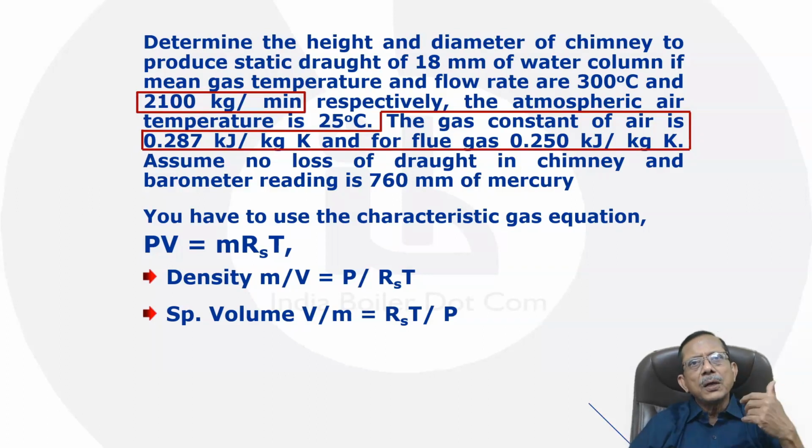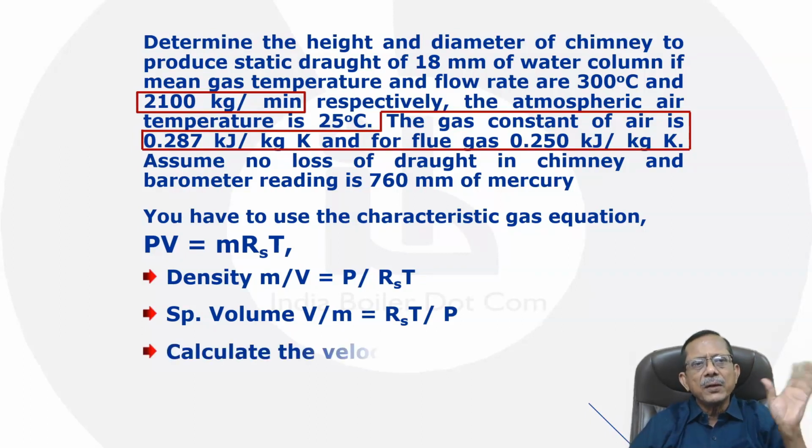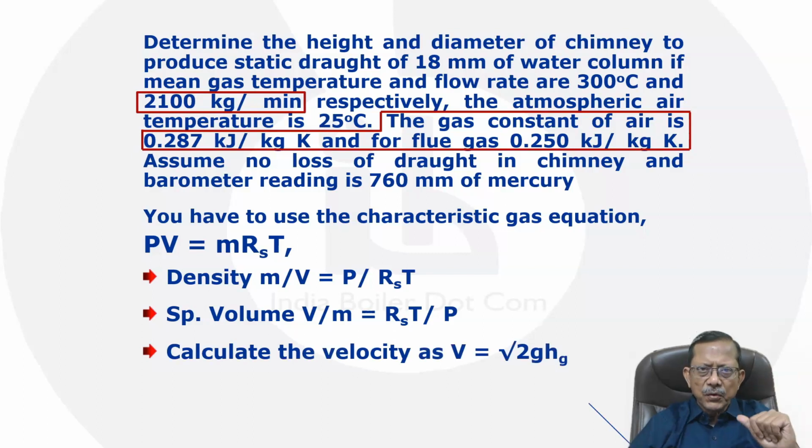Now talking about the velocity, again the velocity is not given. But once you go through the chimney draft concept, you're going to find that yes, velocity can be calculated by this equation, root over of 2g hg, where hg is the draft expressed as a height of the hot gas column in meter, right? The small h is the draft in mmWC, hg is the draft in meter of hot gas column.